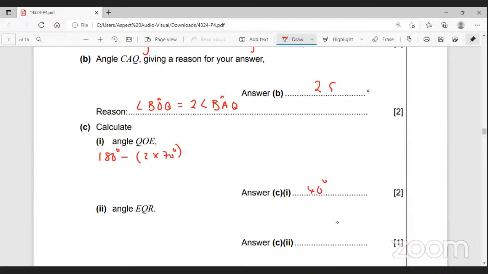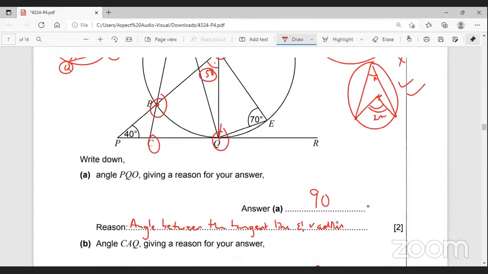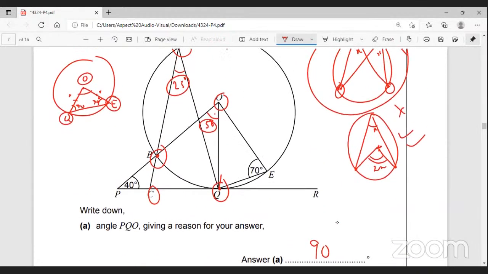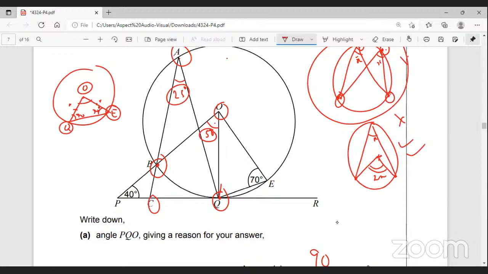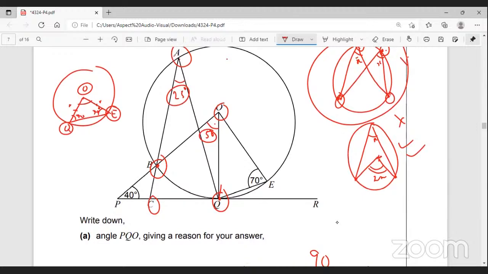Are we together? Okay. And then angle EQR. So we are looking at angle EQR.